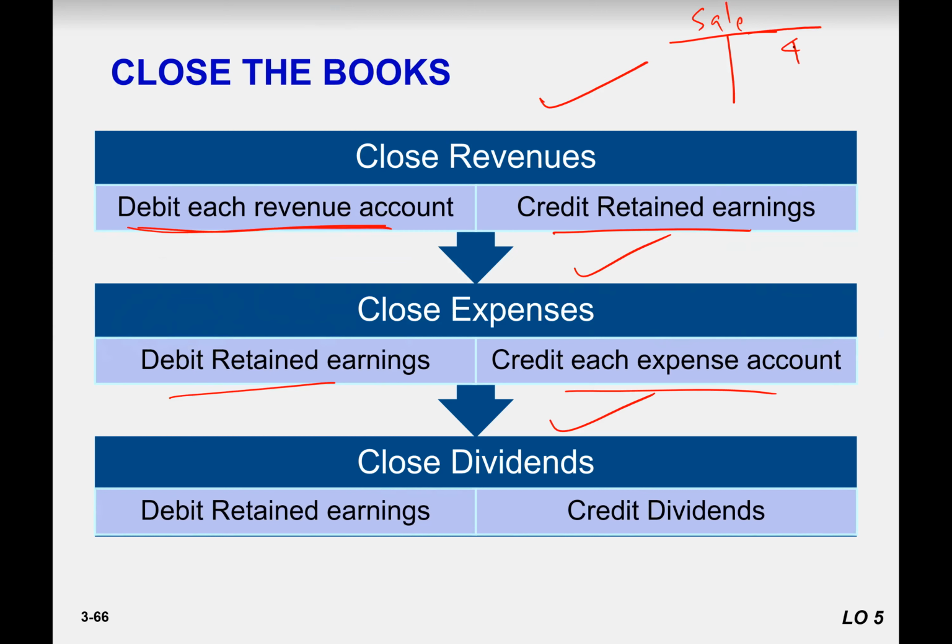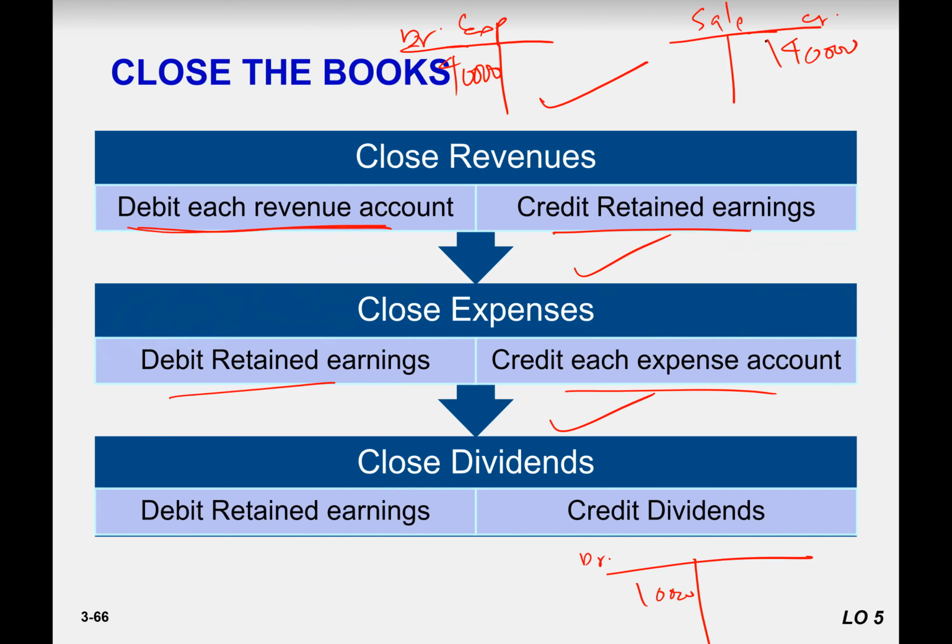For example, this is 140,000, because the normal balance of sales is always credit. The balance of expenses is always debit, and the balance for dividend is also debit, because an increase in dividend is debited. For example, we paid 10,000 dividend.